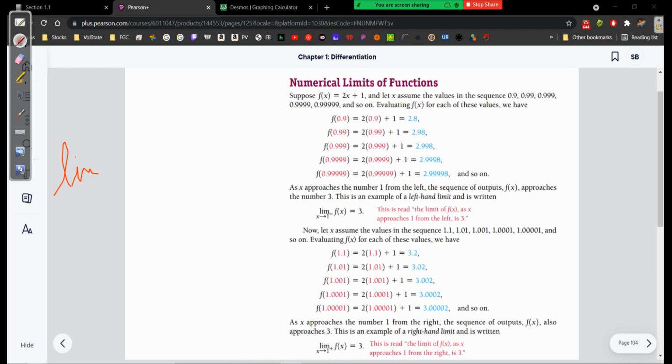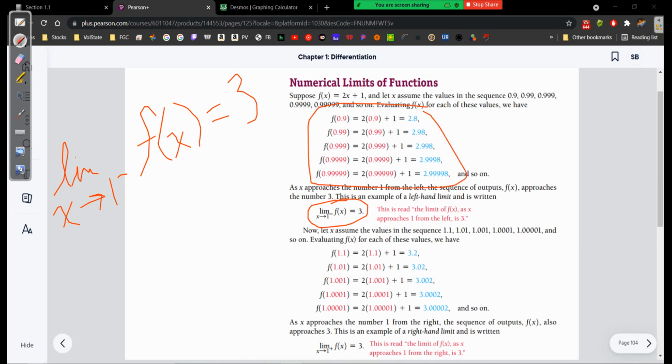The notation here is: we say the limit as x approaches 1 from the left side of f of x is 3. And of course, that's what we see here. The limit as x approaches 1 from the left side gets to 3. That can also be seen graphically, and we'll bust out the graphs in a moment.